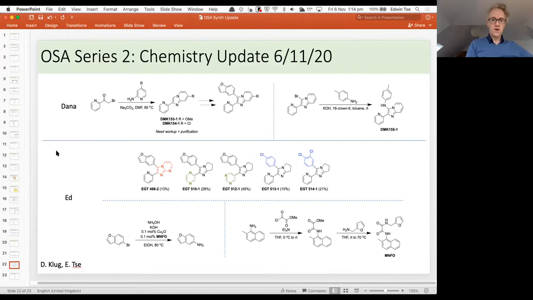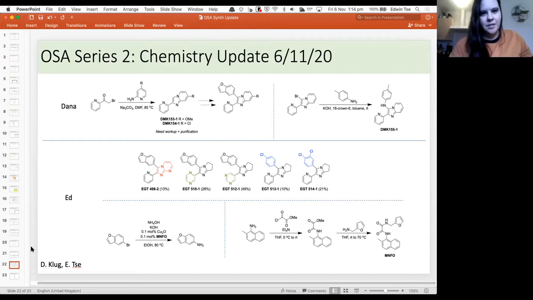All right, so just going back, if you wanted to, you've got a chemistry update, Ed. Cool. Set up a few reactions, but these are all in my hood, just stirring at room temperature at this point. It was just looking at whether we could make the methoxy core and then also with a chloro there, which we had talked about last week too, by the same method that we're making our other cores.